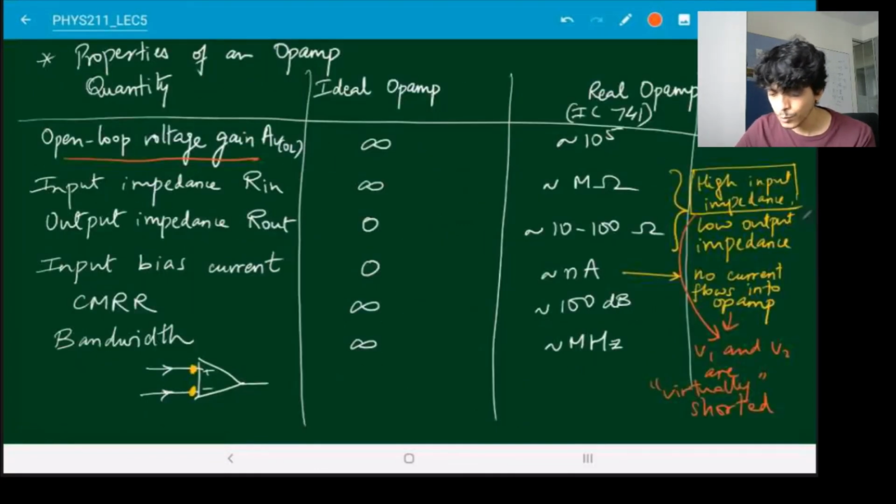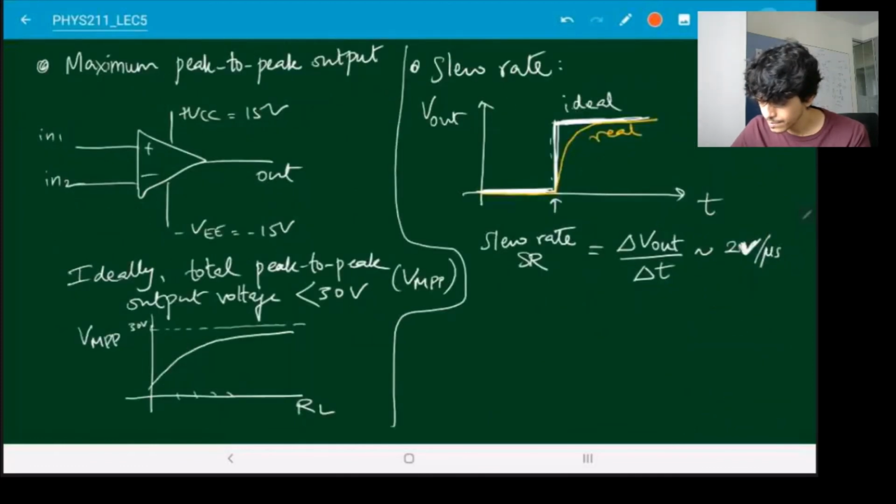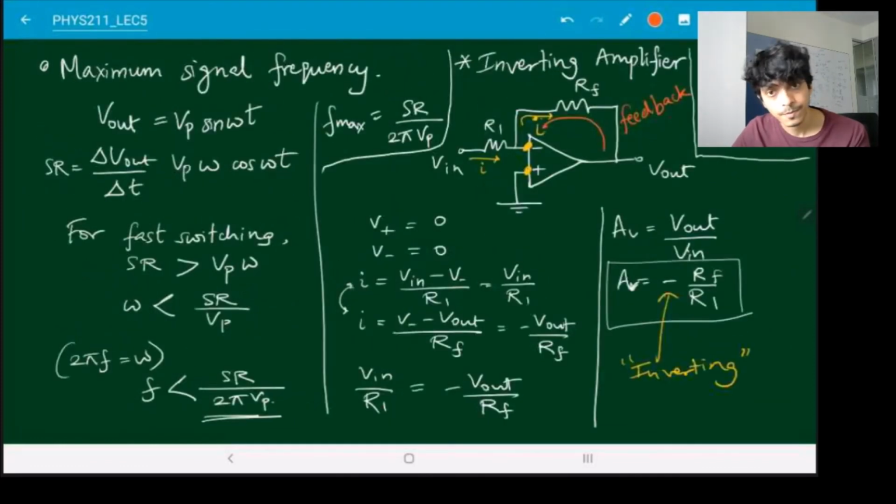So if you have an open loop op-amp, the gain is going to be around 10 to the 5. But now that we have a feedback loop, this is the gain. So by putting a feedback loop, with the help of RF and R1, we can adjust the values of these two resistances and get whatever value of gain we want.